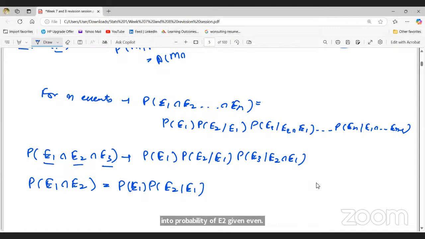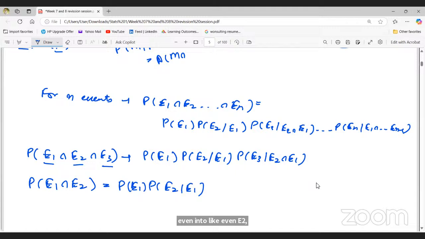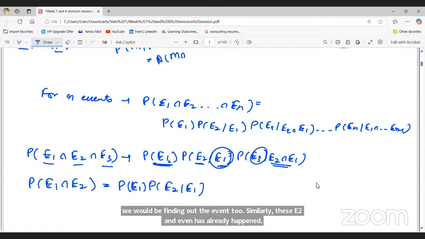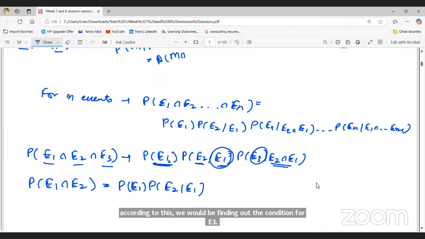So it would be probability of E1 into E2 given E1. That means E1 has already happened, then we find the event 2. Similarly, E2 and E1 have already happened, then we find the condition for E3. Correct?